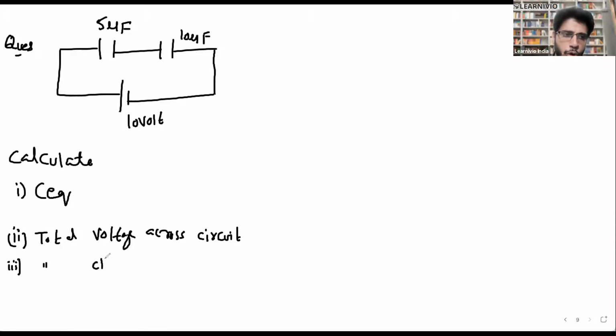Next, I need total charge stored in circuit. Fourth part: charge stored in each capacitor.